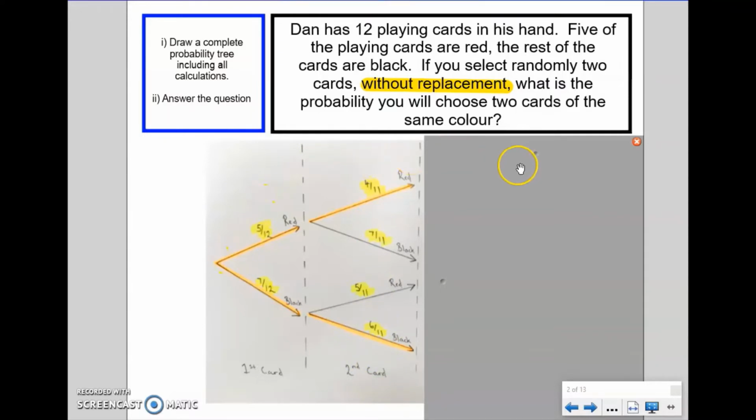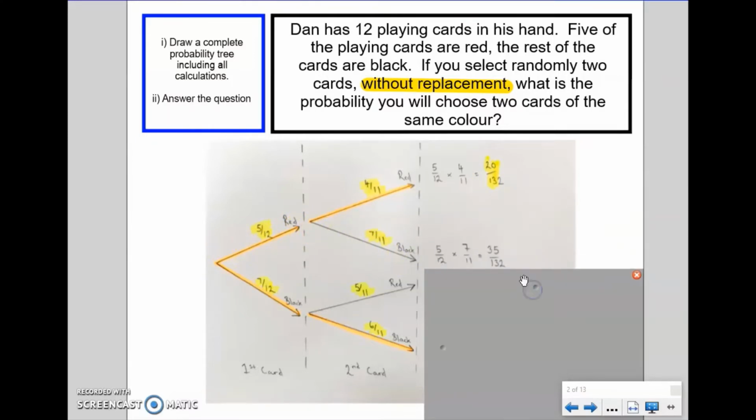I'm going to go ahead and work out some probabilities. To choose 2 reds, it would be 5/12 multiplied by 4/11, which would give me a probability of 20 out of 132. The probability of choosing a red followed by a black would be 5/12 times 7/11, which is 35 over 132.